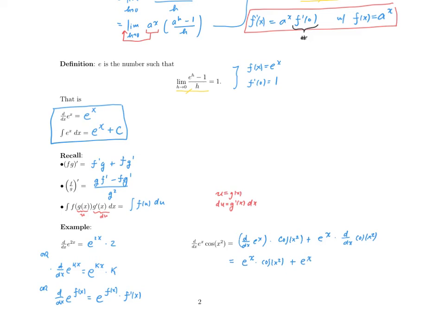And to differentiate cosine of x squared, this is where we once again need a chain rule. You have an outside function cosine, an inside function x squared. So you take the derivative of the outside function, minus sine, evaluate it at the inside function, and by the chain rule you multiply by the derivative of the inside function.